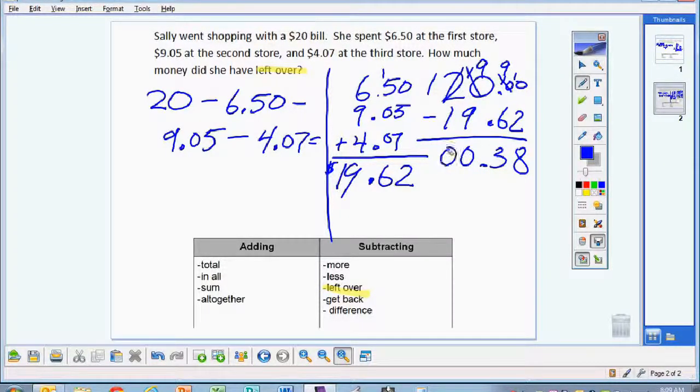So, Sally has 38 cents left over from her shopping spree. So again, the last sentence clues us in, and then we go back to find the important information.